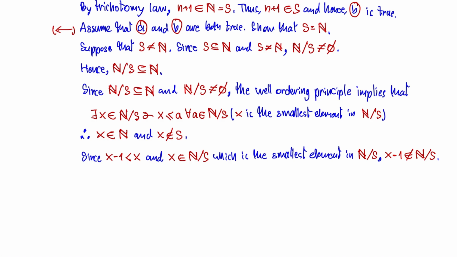Okay, how do we go? Let's use assumptions here. So A, we know that A is true and B is true.